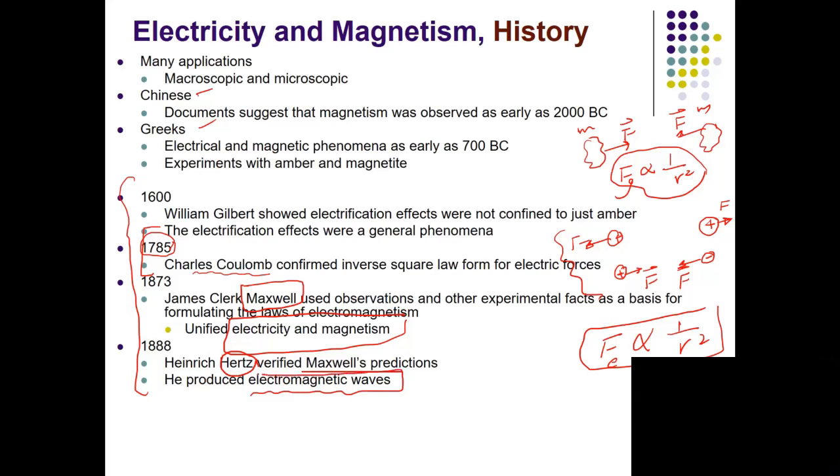And we use this application every time we warm up our food using microwaves in our kitchens. Some of those scientists we will see throughout chapter 22 or later on have been credited by having their names turned into units. For example, Coulomb, we know, is a unit of charge. Hertz is a unit of frequency.